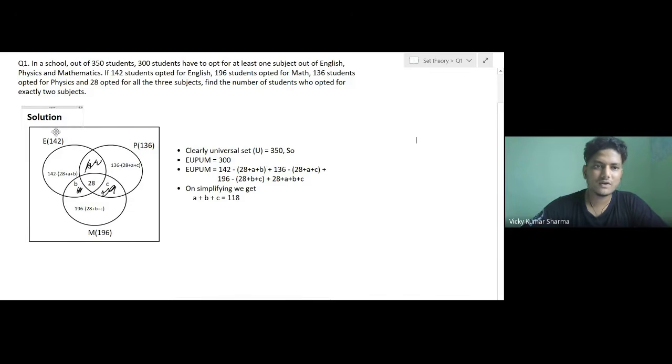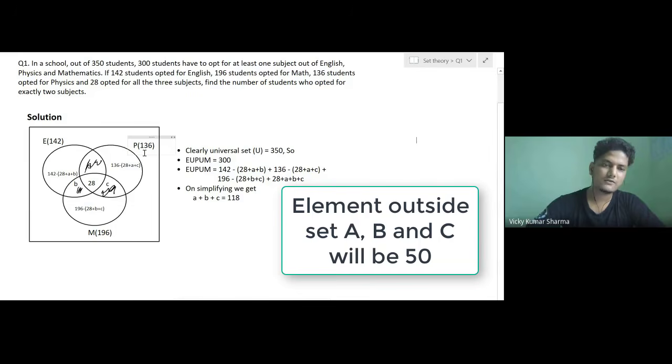Basically, one way of doing this is to draw the Venn diagram. Here in the question it says E is 142, right? E is nothing but English. For English, there are 142 students. For physics, there are 136 students. And for mathematics, there are 196 students. And here we can have our universal set U, right?